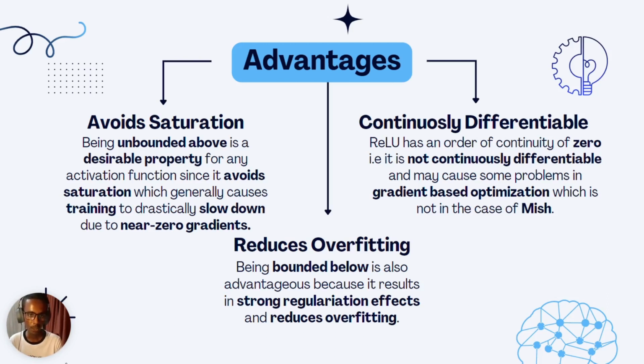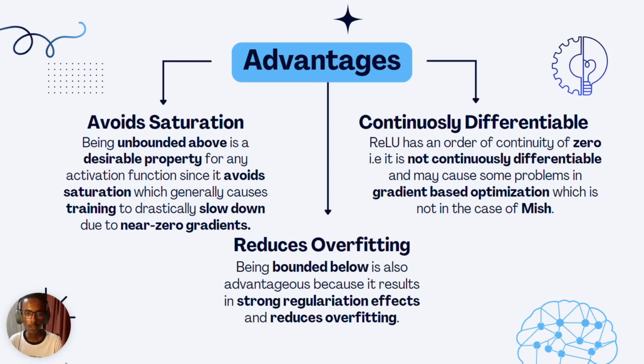And the second one is that it reduces overfitting. We have already discussed it in ReLU. Being bounded below is also advantageous because it adds a regularization effect by canceling out some of the neurons, so that it can reduce the overfitting problem.